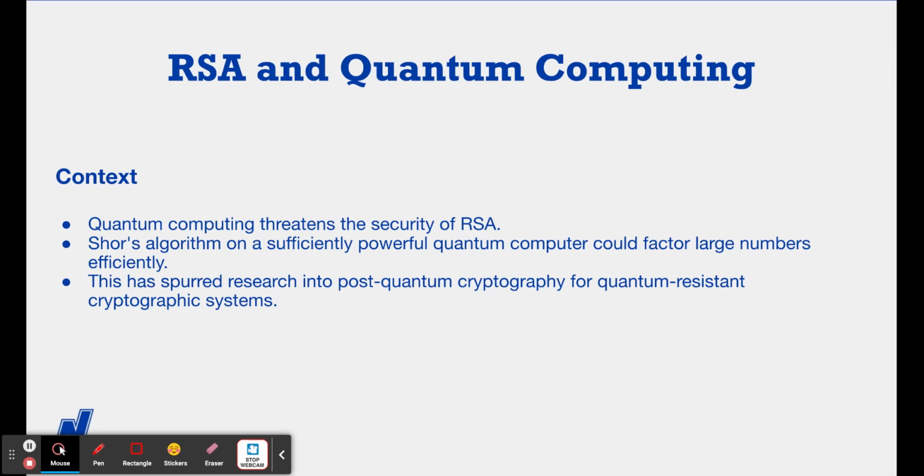In the meantime, this threat has driven research into what's known as post-quantum cryptography. Post-quantum cryptography aims to develop new cryptographic systems that could resist attacks from quantum computers, ensuring the security of digital communication even in a world where such computers exist.